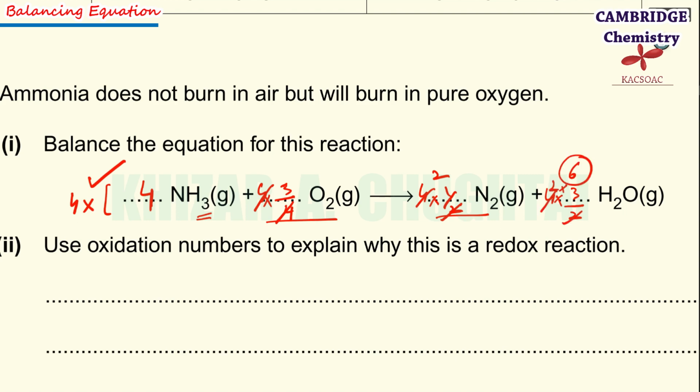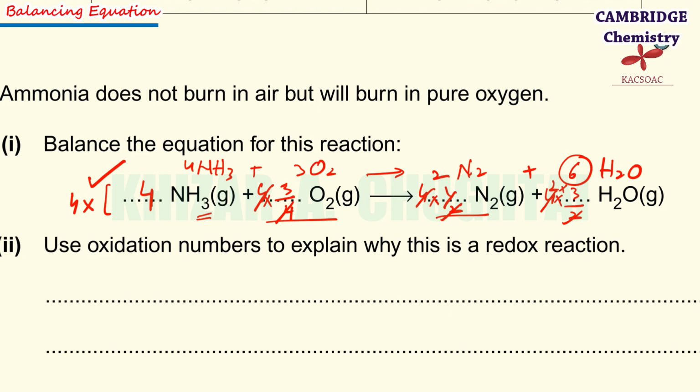So 6 mole of H2O, 2 mole of N2, 3 mole of O2, and 4 mole of ammonia will be there, right? Plus 6 mole of H2O. Now you can check it out. I think this is your balanced equation, and it is balanced equation, right? Now come towards next.